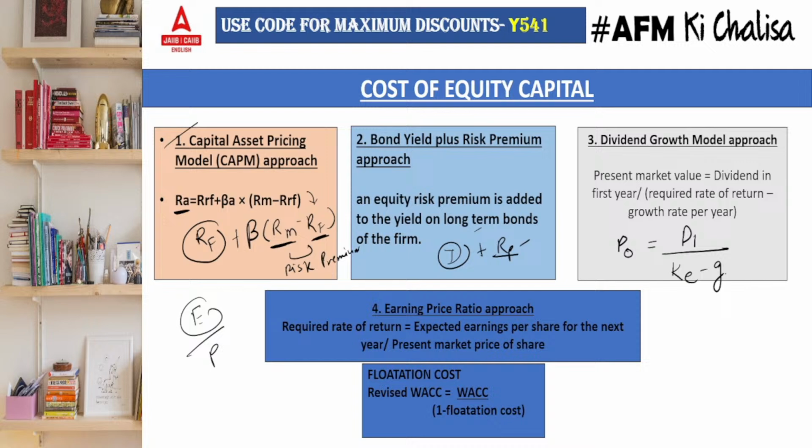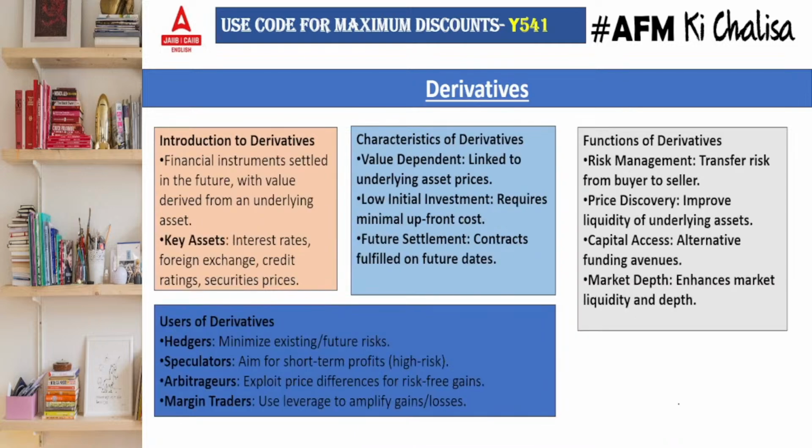That is how we define flotation cost. Flotation cost means the cost which is incurred when you are trying to float or issue your shares in the market. So you have WACC, your weighted average cost of capital, and you divide it by 1 minus your flotation cost. The cost to issue the shares in the market is considered here.